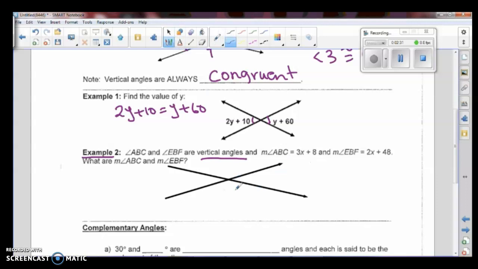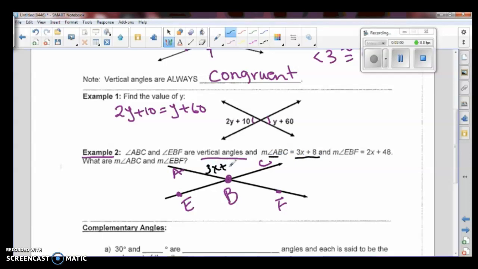They meet in the middle at the screw. That's our screw, and that screw is B in this case. Then we have A, B, C, and E, B, F. Our top and bottom angles are going to be the vertical angle pair that we are looking at right now.